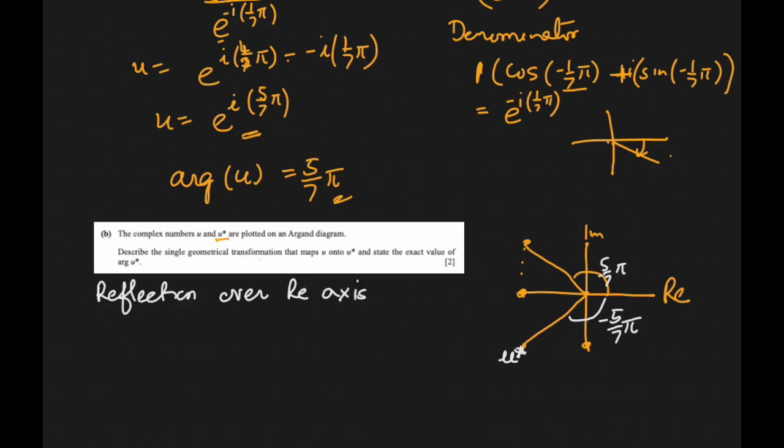This is the single geometric transformation, and state the exact value of the argument of the conjugate. So the argument of the conjugate of u will be negative 5 over 7 pi.